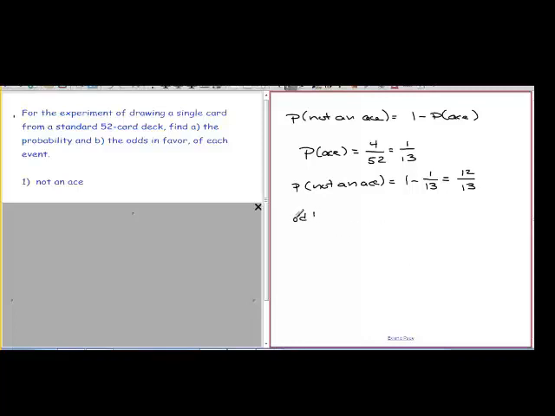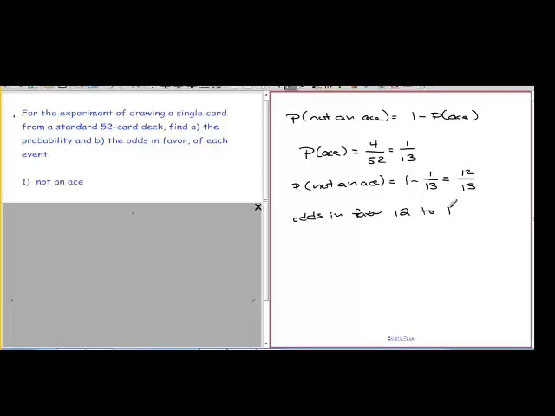So that's the probability. And odds in favor, you take the numerator and you say the numerator to the difference between the two. So it's 12-1. The odds in favor are 12-1.